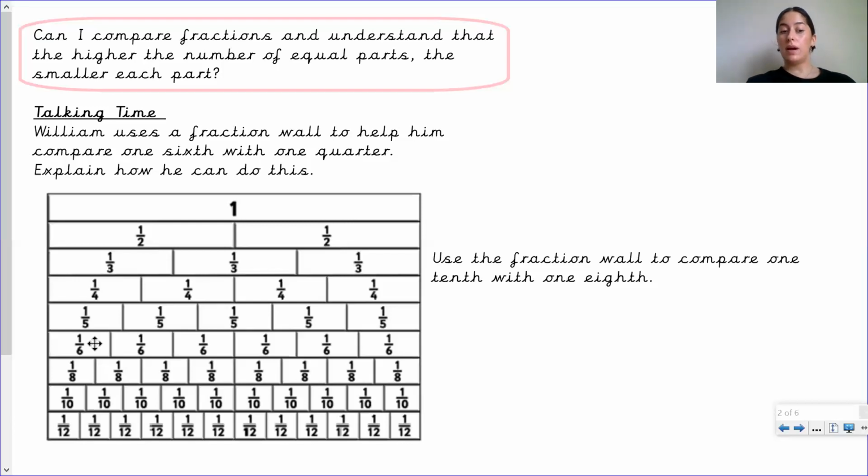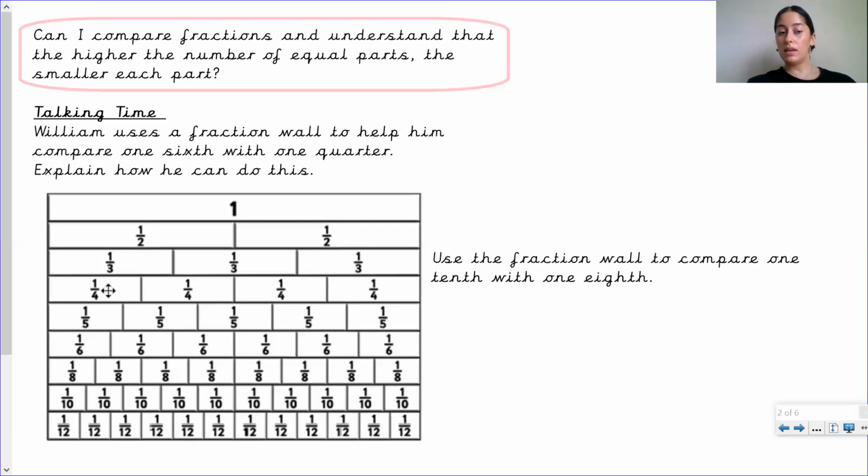Well, my denominator represents the number of equal parts that the whole is divided into. So for example, if we have a cake and we cut it into 4 equal parts, and then we have the same cake, but this time it is cut into 6 equal parts.